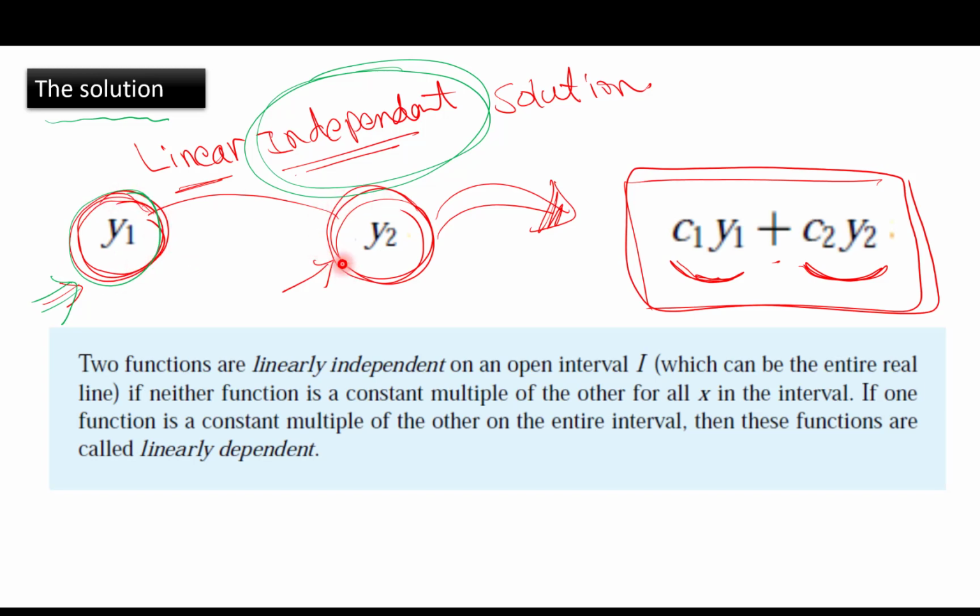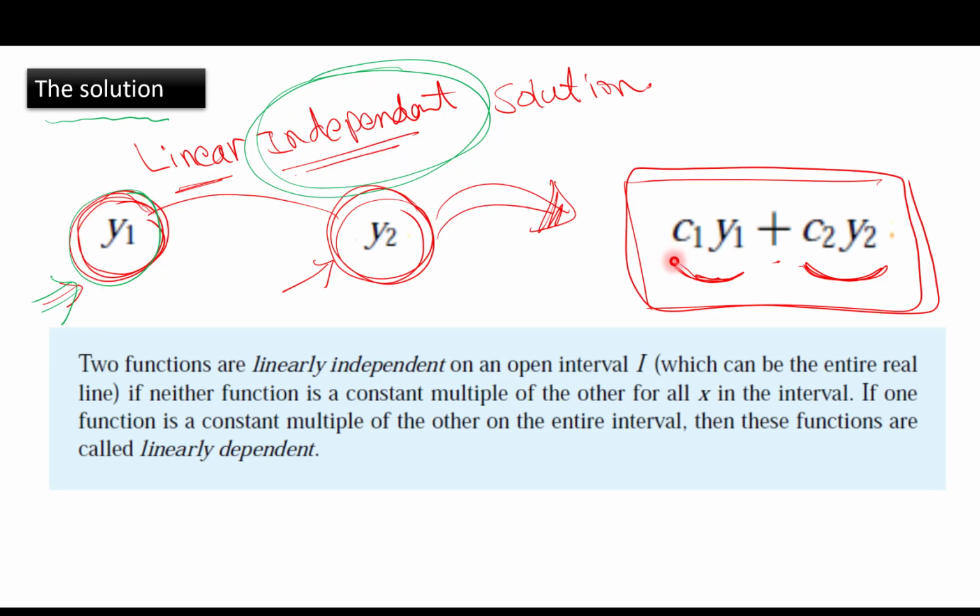Then, based on the theory that we are suggesting in this lecture, if we could guarantee that y1 and y2 are independent, what is the meaning of independent? It means that y1 does not equal multiples of y2, or y2 does not equal multiples of y1.